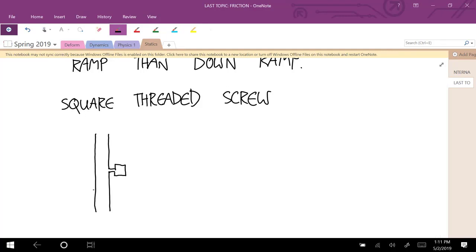The entire thread of that screw is just condensed into that one little block, and that one little block is sliding along a helical path like this. You follow what I'm talking about?